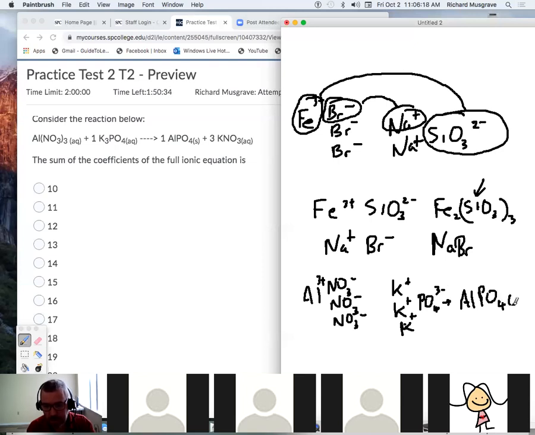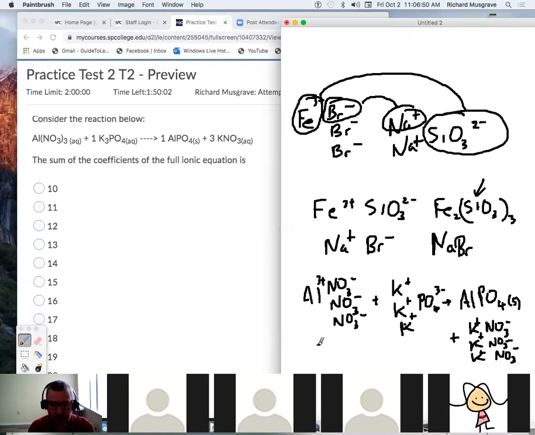We don't split that apart, and the reason is because it's a solid, it forms that precipitate. And then we've got the KNO3s, we've got 3 of those. So that splits into 3 K pluses and 3 NO3 minuses.